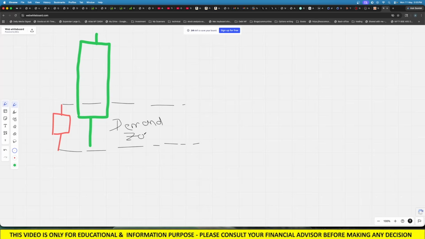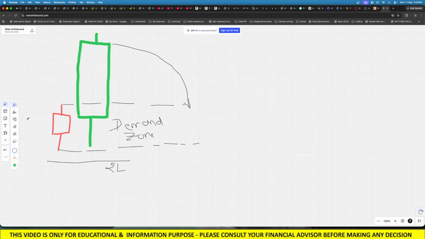And whenever the price comes back again into this demand zone, we will take a trade in this demand zone and we can keep a stop loss below this small candle. This is the concept of demand zone trading.